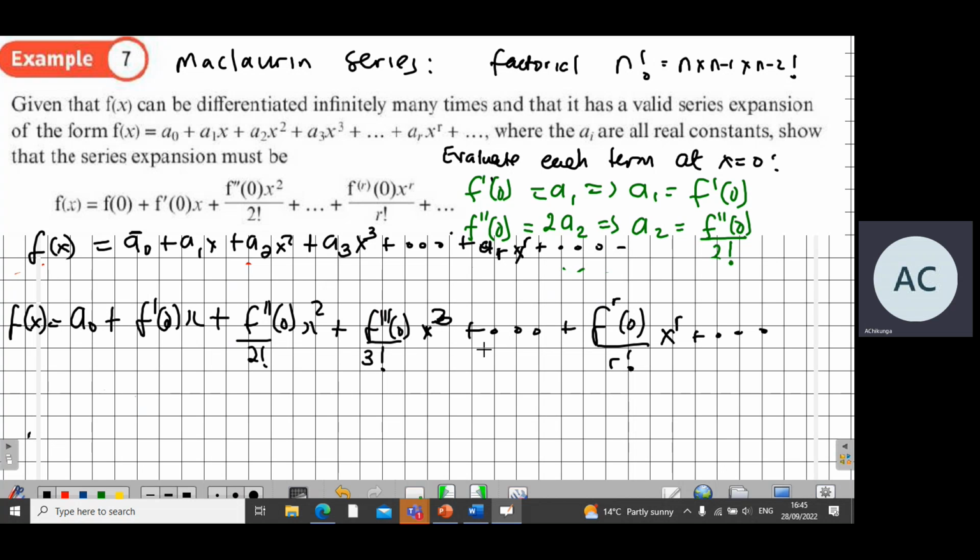It can be used to write so many functions in an infinite form. However, the function can only be written in that given form only if the series is going to converge.